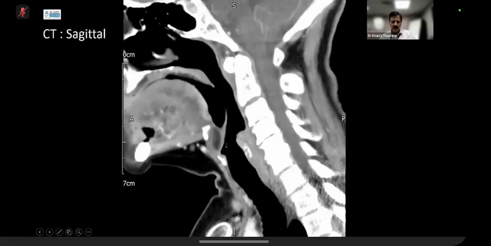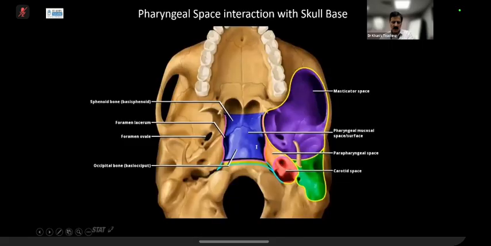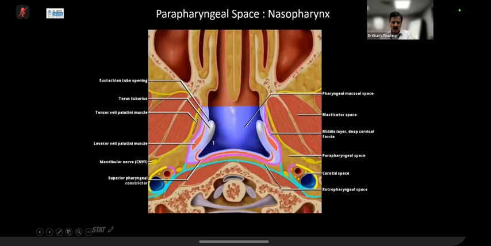On a CT scan, similarly, here the landmark is this epiglottis, and this, of course, is the oropharynx. This is the nasopharynx, and this will be the hypopharynx. So the pharyngeal mucosal space, which is the nasopharynx, touches the base of skull, which is common sense. Now this is it.